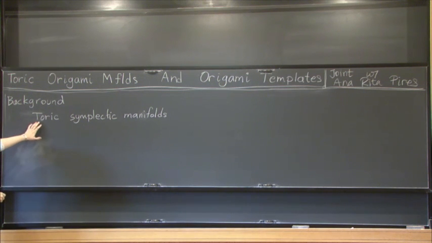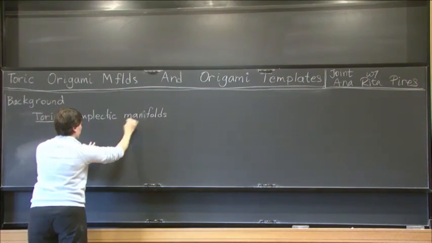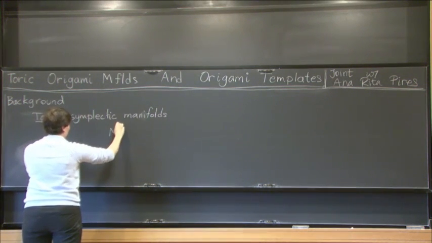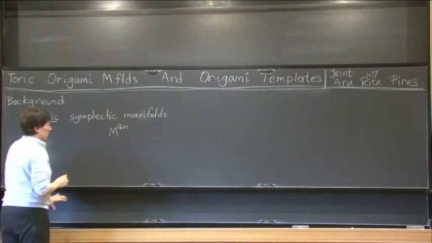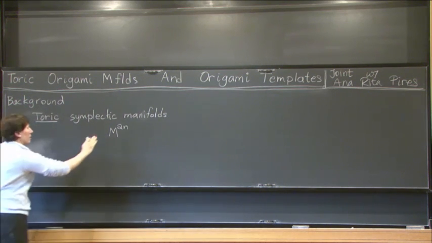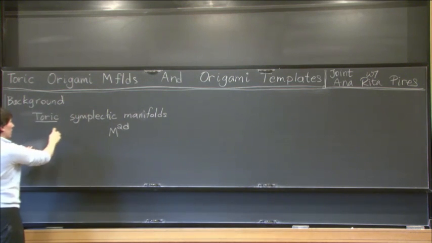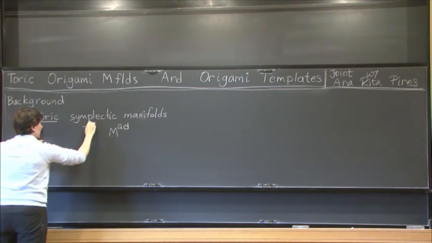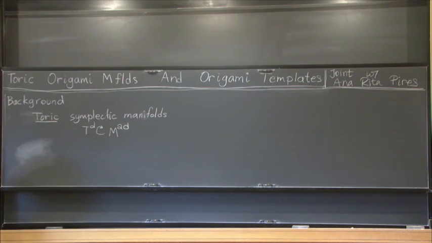The key thing here: we have some manifold. It's symplectic, so it's always even dimensional. I'll call it 2D dimensional, and toric means that there's a T^D acting on it. A T^D is just a compact torus, a product of circles.